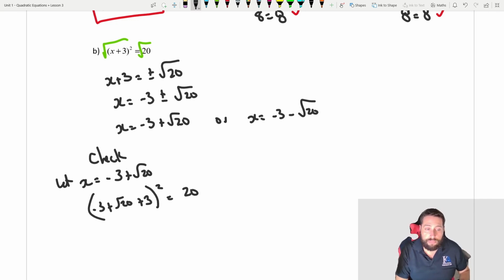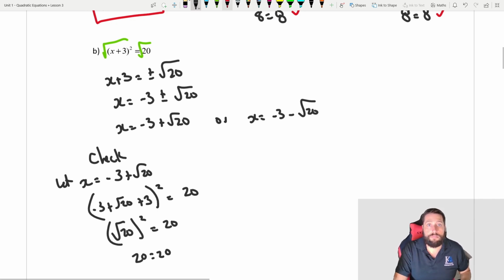Well, we have negative 3 plus 3, so that gives us 0. So all we have left now is the root of 20 squared is equal to 20. The root of 20 squared is 20, so 20 equals 20. That's good. So far, so good. That's what we want.